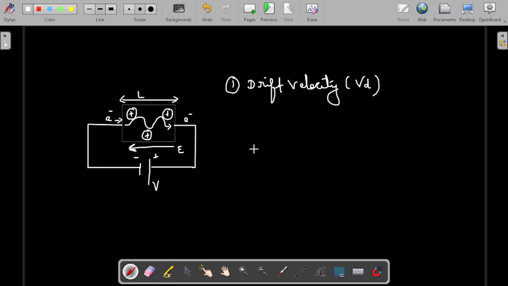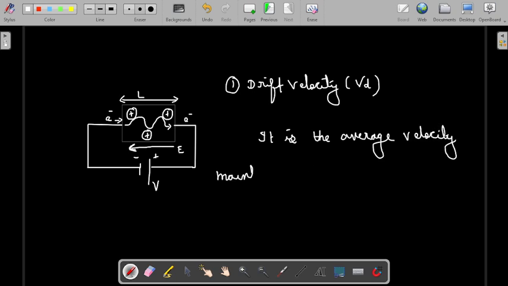The drift velocity is the average velocity maintained by an electron while moving inside a material.